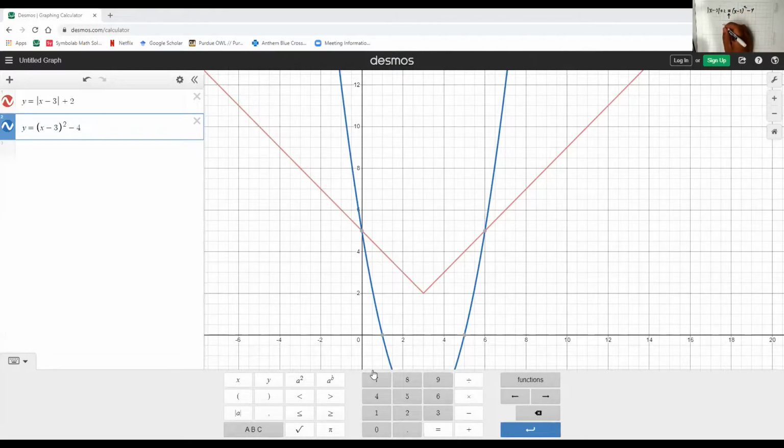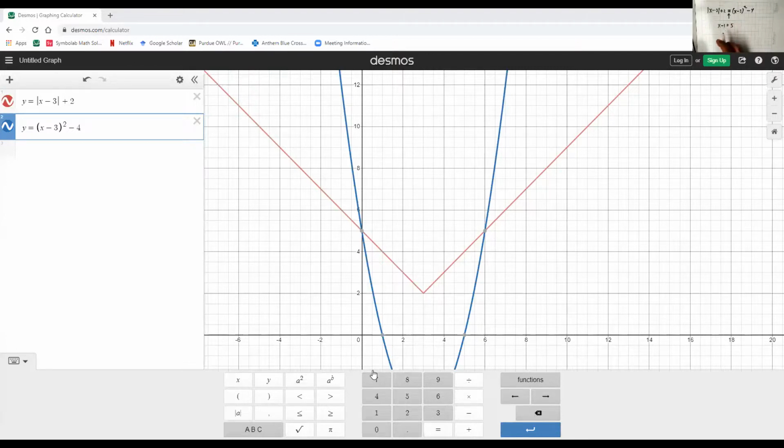If I told you 5 equals 5, well, of course, that's obvious. 5 is the same as 5. If I told you x minus 1 was 5, do you know what x is? 6. Because 6 minus 1 has to be 5. So you know that x has to be 6, right?